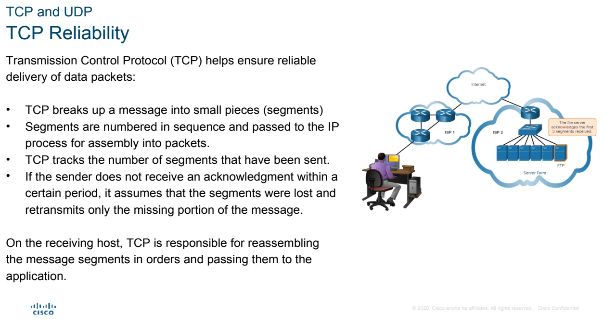TCP tracks the number of segments that have been sent, and if the sender does not receive an acknowledgement that the segment was received by the receiver, it will retransmit again. When it arrives at the receiver side, TCP is responsible for reassembling the segments in order and passing them to the application. Any questions about this?